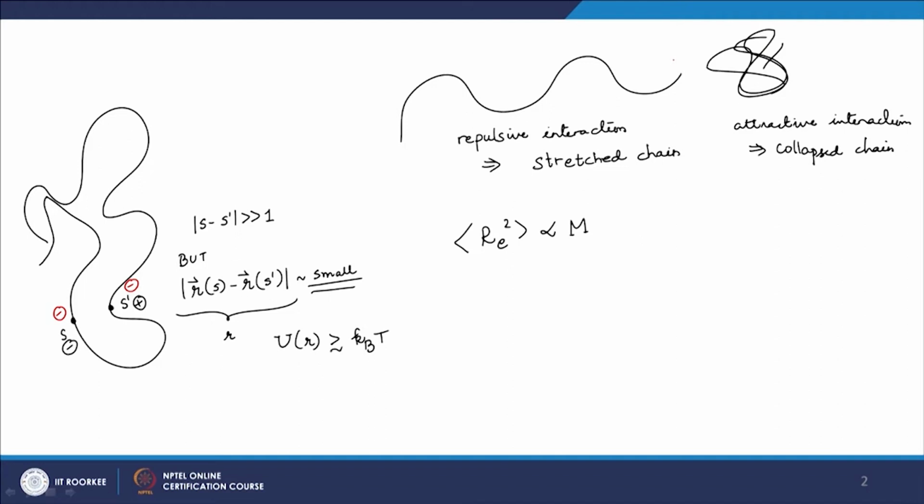My ideal chain is somewhere here, which is not as stretched as we will have in the case of repulsive interactions, and it is not as collapsed as what we will have in the case of attractive interactions. Okay? So, we must have the scaling law that reflects this kind of phenomenon, that the end-to-end distance must be larger when we have repulsive interactions, the end-to-end distance must be smaller when we have attractive interactions, and this must be reflected in this.